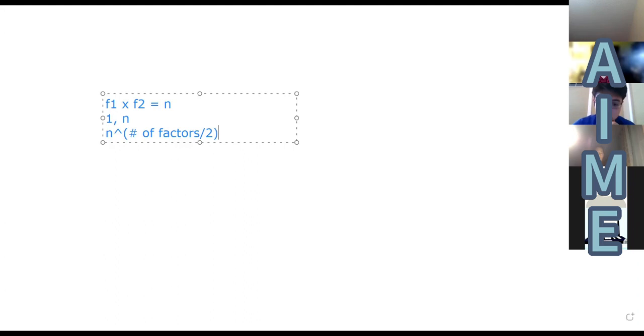Because, like I said, for every factor there's another factor that multiplies to n, and the pairings are unique, so no factor will have two opposites.